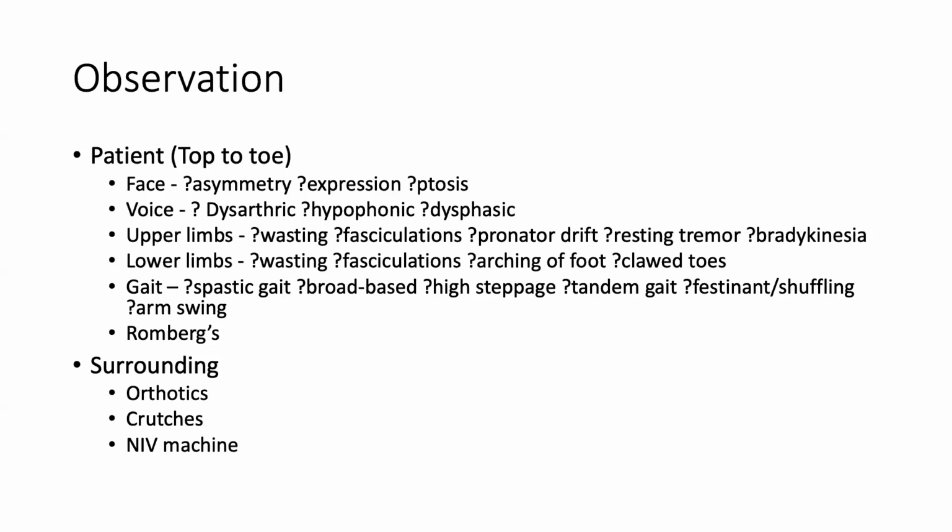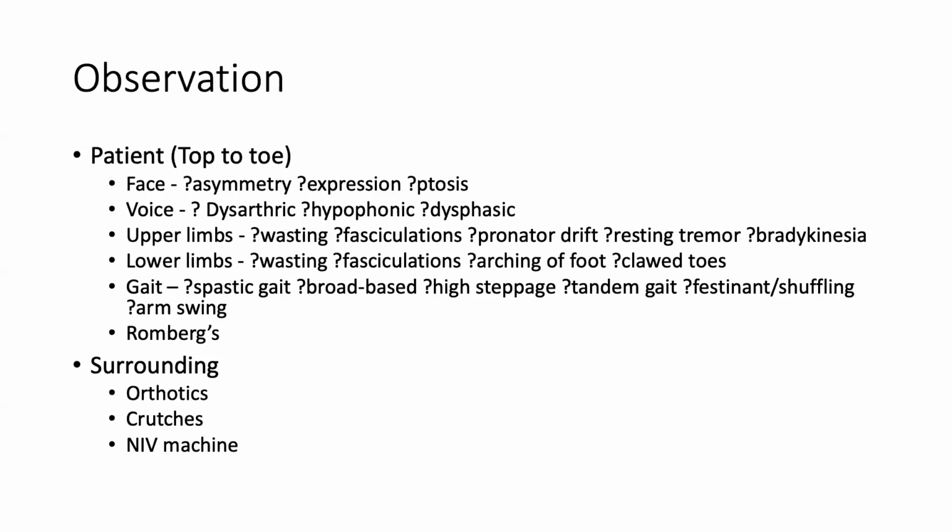In terms of the upper limb examination, what I usually do is let the patient put their hands over their lap and see if there's any obvious wasting or fasciculations. Then you ask the patient straight away to do a pronator drift. It doesn't require you to touch the patient, but already you can appreciate a pronator drift.